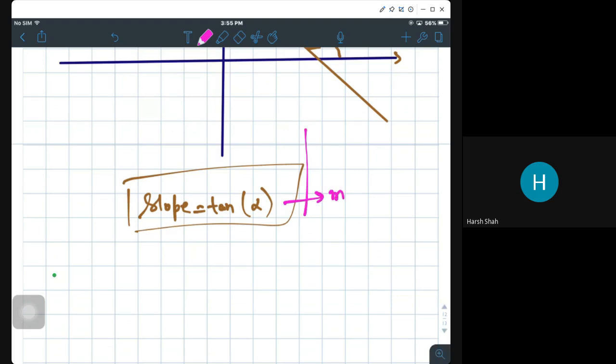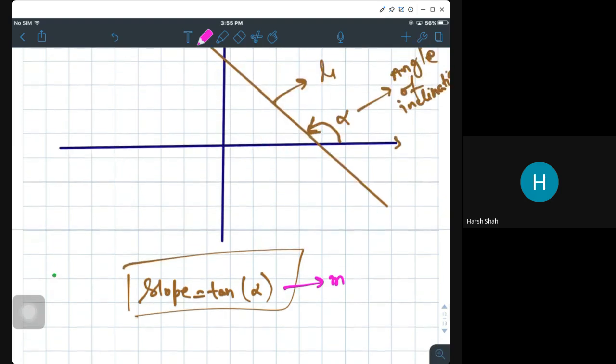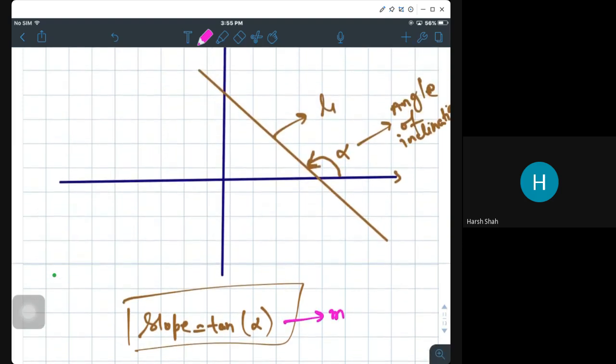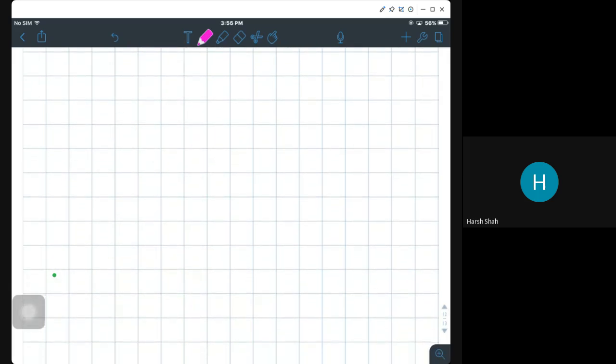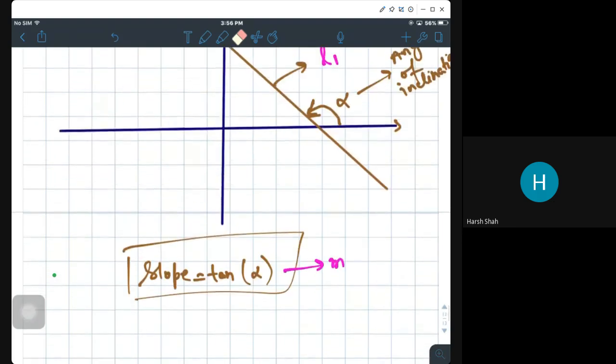Now, if we want to generalize this line L1, there are some notations that we use, or some predefined ways by which we write formulas. The first one is, okay, before that I need to show how to calculate slope also.